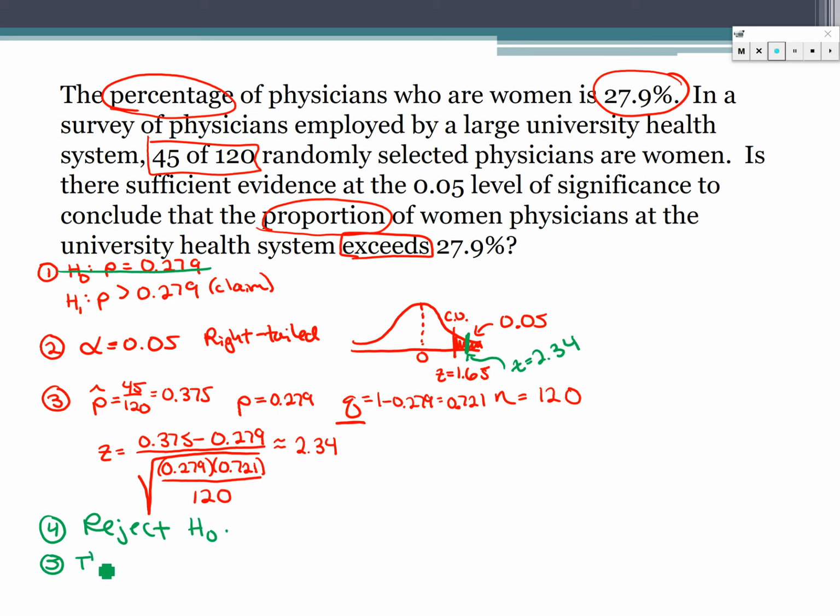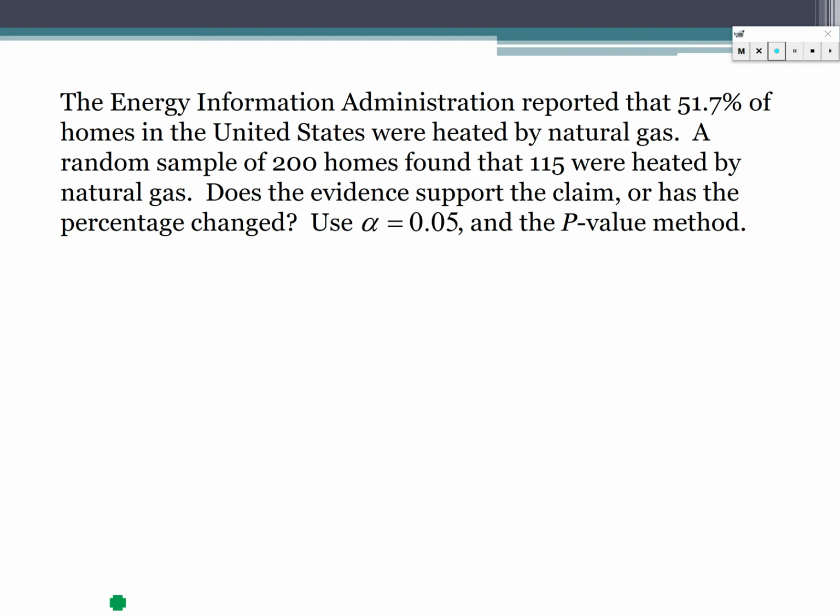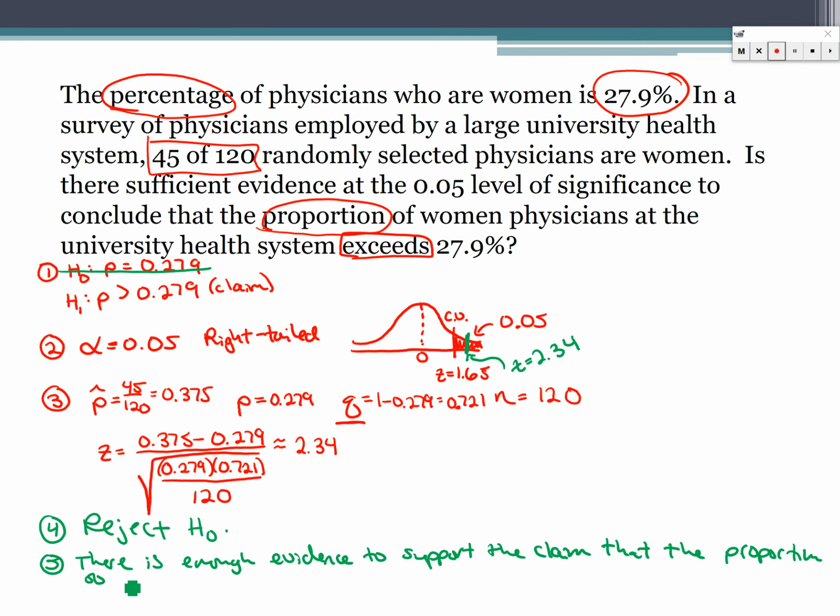So there is enough evidence to support the claim that the proportion of women physicians exceeds 27.9%.